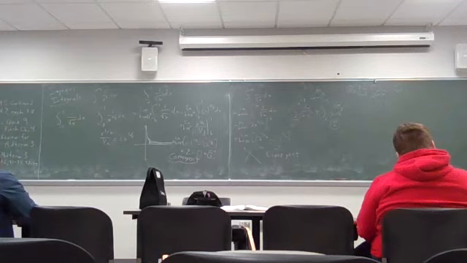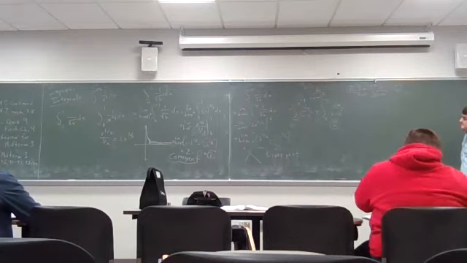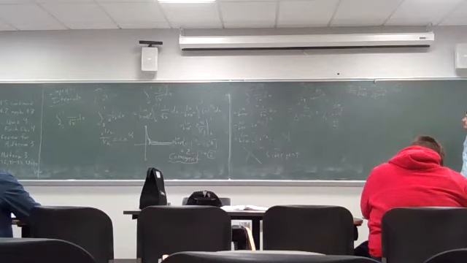Now, someone tell me, is that just going to be 1 in general, or should I say one side or the other? What do we think? 1. Okay, 1 in general would work, and I think when we evaluate it.